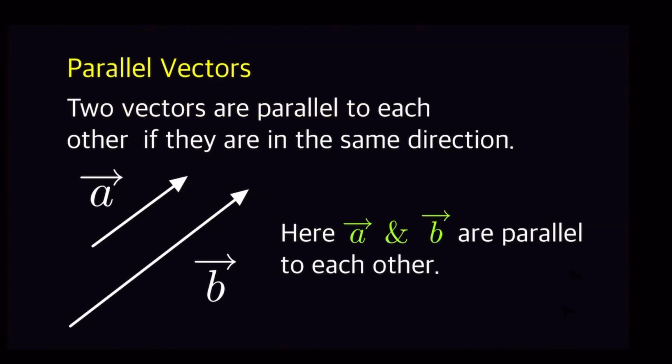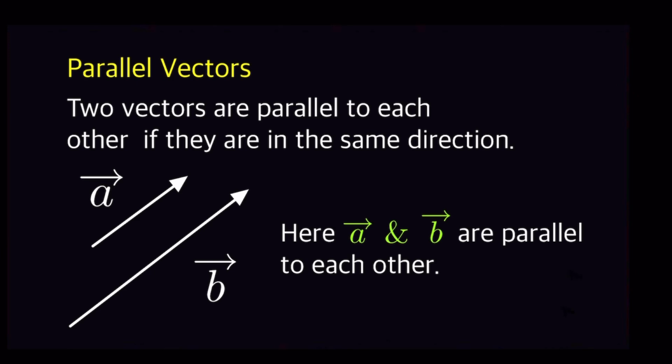Now, parallel vector. Two vectors are parallel to each other if they are in the same direction. Parallel means the angle between them is 0, 2 pi or 4 pi. What does it mean when I say 2 pi, 4 pi? It is the same as 0. So, if the angle between two vectors is 0, then they are parallel.